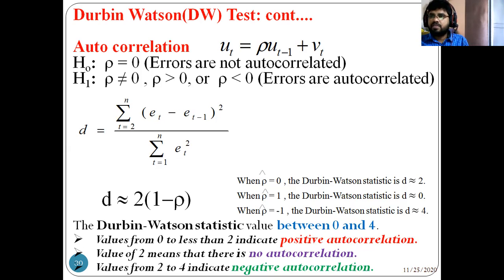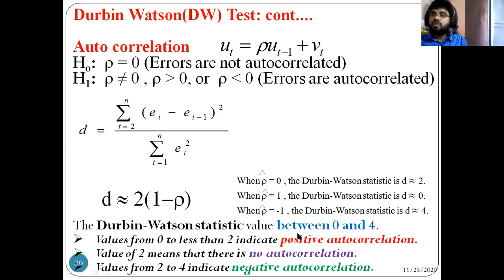On the basis of these values, we can easily understand that the D value lies between 0 and 4. The Durbin-Watson test statistic lies between 0 and 4.